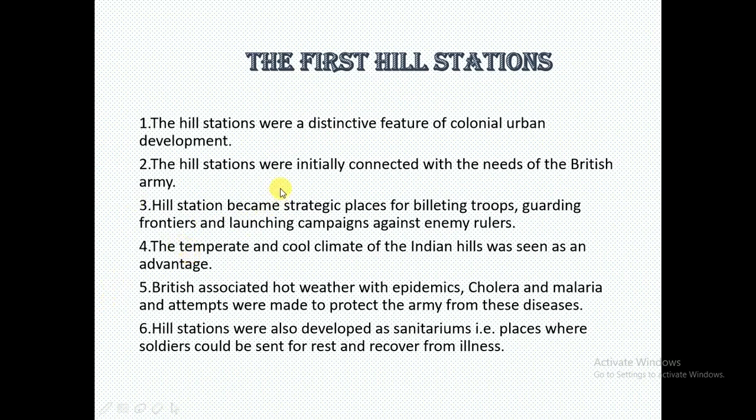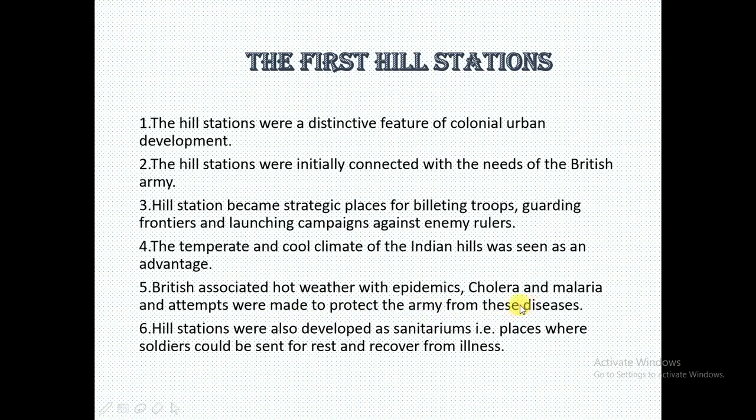So the hill stations were a distinctive feature of colonial urban development. The hill stations were initially connected with the needs of the British army. Hill stations became strategic places for billeting troops, guarding frontiers and launching campaigns against enemy rulers. The cool climate of the Indian hills was seen as an advantage for European soldiers, and the British associated hot weather with epidemics, cholera and malaria, and attempts were made to protect armies from these diseases, right?